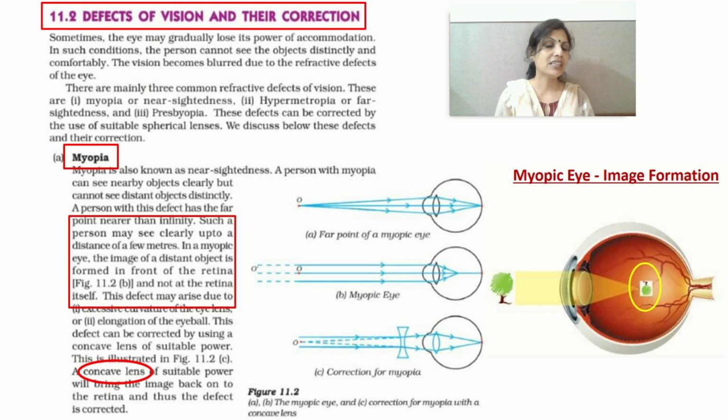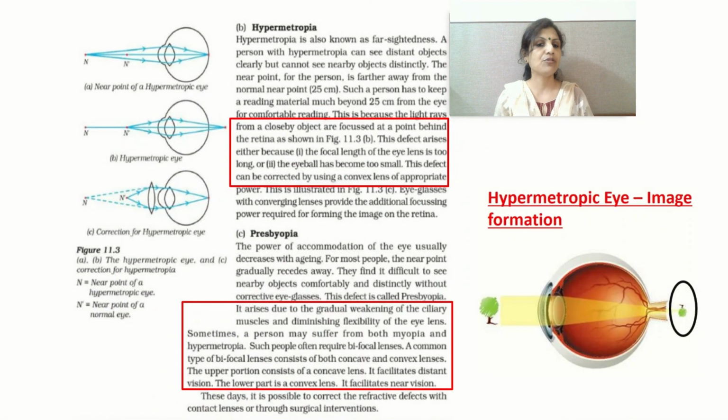Then the next defect which is discussed is hypermetropia, which is also called farsightedness or long-sightedness. In this defect, the person can see the objects which are far away from them, but they cannot see the objects which are very close to them. And the image of the object is formed beyond the retina.